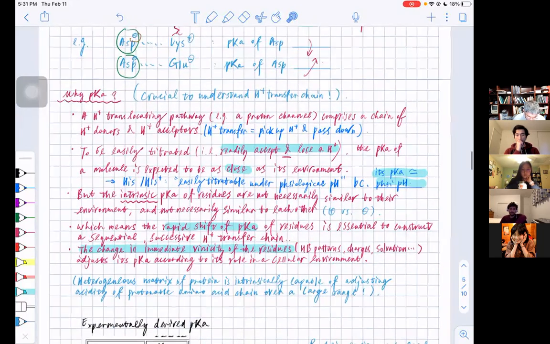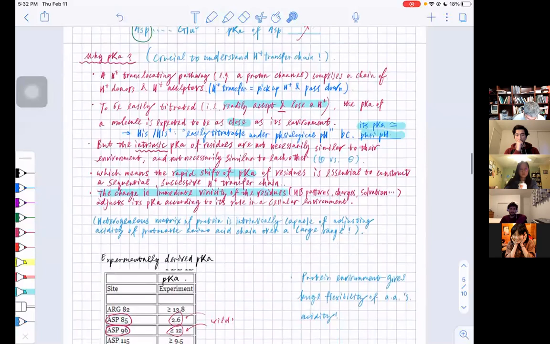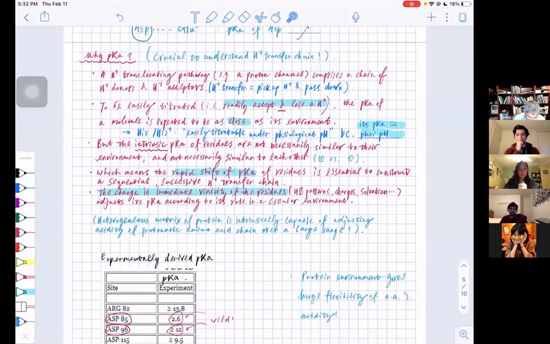All right, so I want to talk a little bit about why we consider pKa in the context of the proton transfer chain. As we know, proton transfer is essentially picking up a proton and passing it down. It's basically a chain of proton donors and proton acceptors.